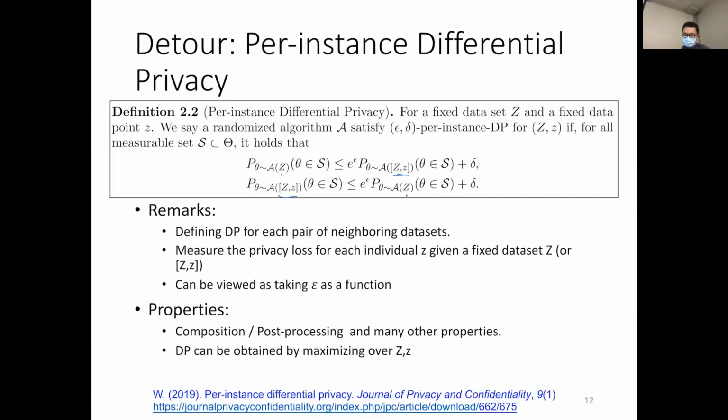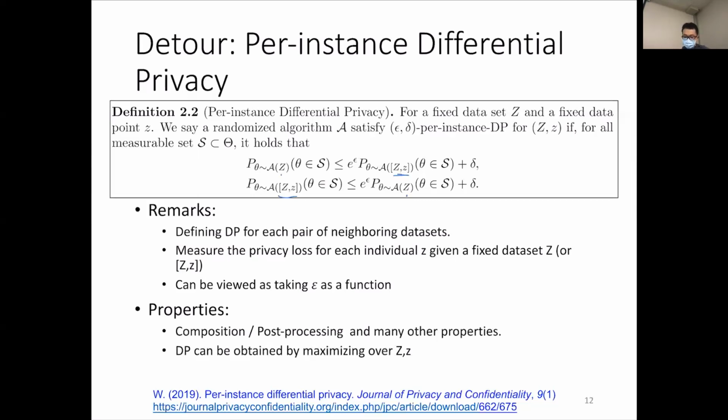Okay, so epsilon delta per instance differential privacy, specific to one fixed pair of neighboring data sets, just requires the epsilon delta indistinguishability to apply for this one specific pair of neighboring data sets, rather than requiring it to hold for all neighboring data sets.